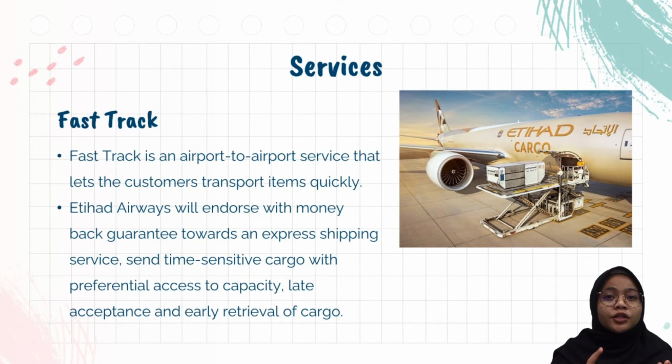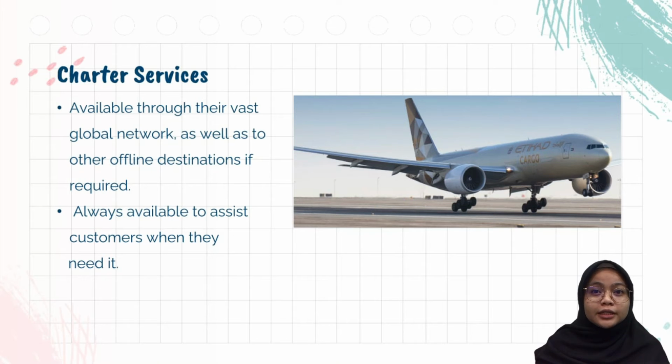towards an express shipping service, send time-sensitive cargo with preferential access to capacity, late acceptance, and early retrieval of cargo. Last but not least, Etihad Airways also provides an air cargo charter service with a dedicated freighter fleet of Boeing 777-200F aircraft.